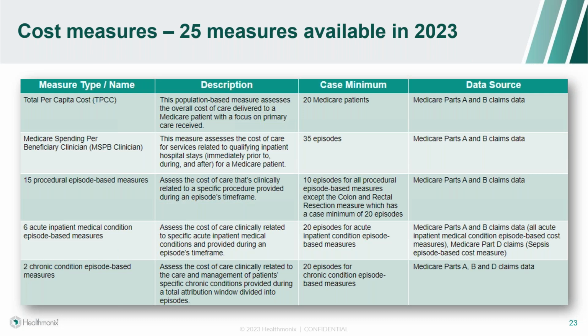So what they've done is look at what types of treatments cost the most in the US for the Medicare population and try to build cost measures around those that can give them and the clinicians feedback on how much it's costing for each different kind of care.